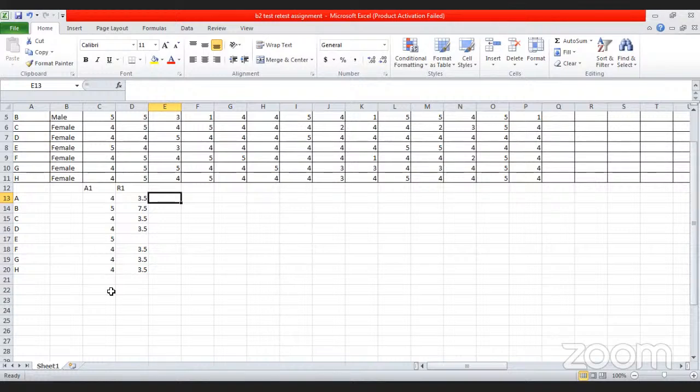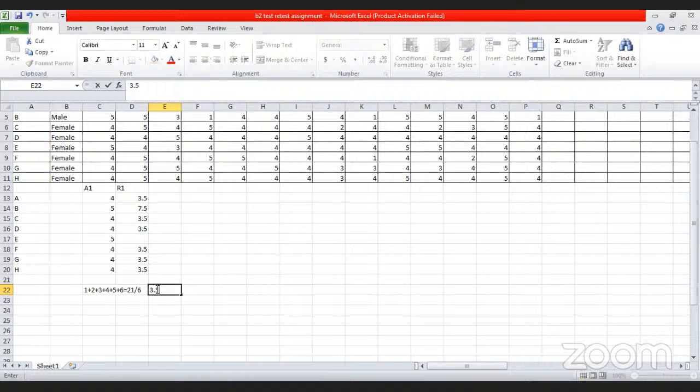So we have to calculate 1 plus 2 plus 3 plus 4 plus 5 plus 6 equal to 21, divided by, as the 4 is there 6 times, so it will be divided by 6. That is 3.5.